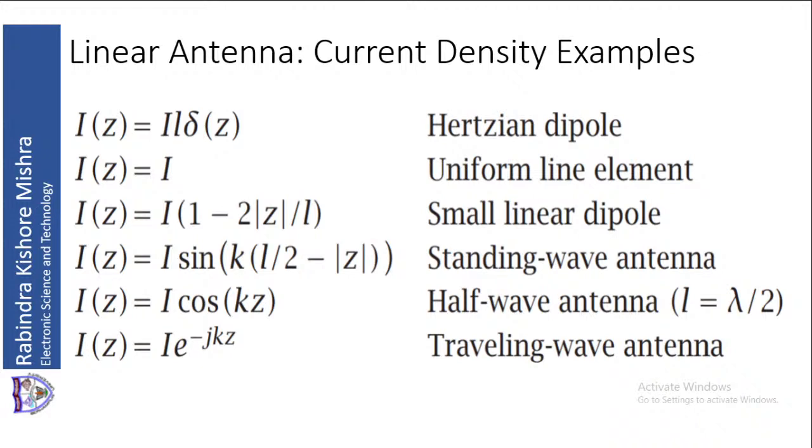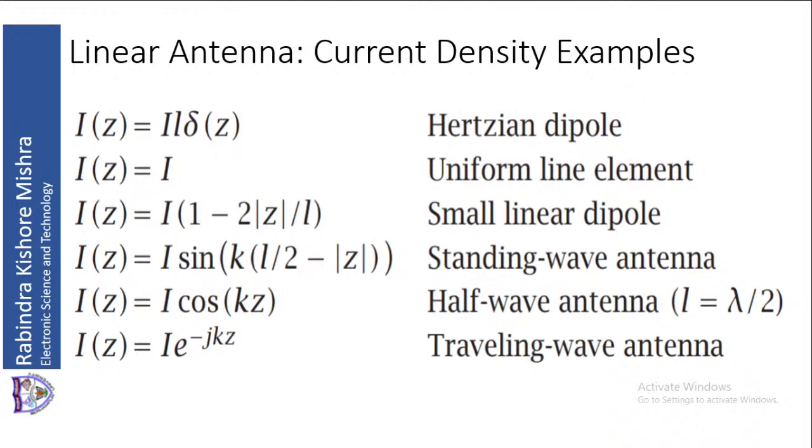In between, it is increasing from 0. When Z is equal to 0, absolute Z is equal to absolute of 0, so the second term will be 0 and it will be I. So it goes from 0 to I linearly; 1 minus 2 absolute Z by L is a linearly increasing function.